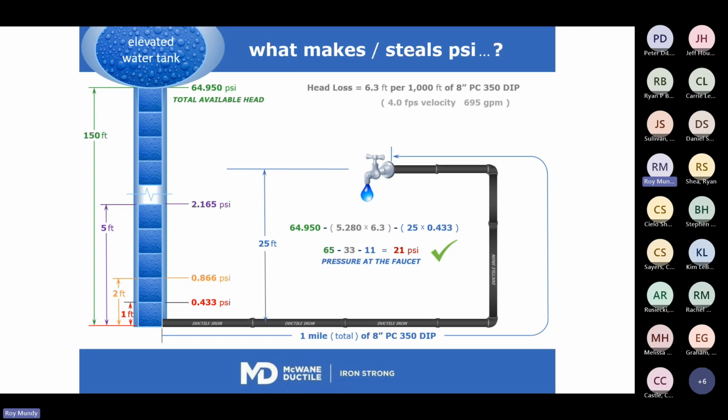Basically, you see this schematic. You have a certain gradient with your elevated tank. You can see that you basically have the parameters as you note. And so at the end of the spigot, you're going to have 21 PSI.